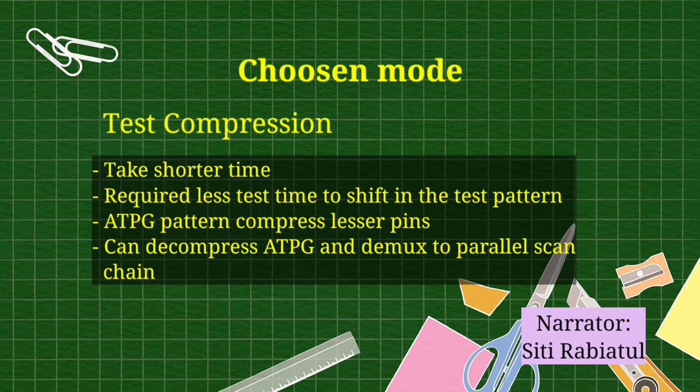The parallel scan chain scan out will go through a built-in compressor to compress the parallel scan chains into the compressed EDT out pin. The EDT out pin is an output from the chip and is compared by the tester with the expected compressed ATPG pattern for matching.